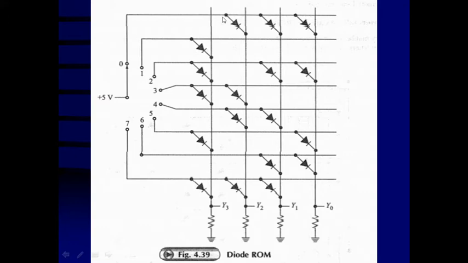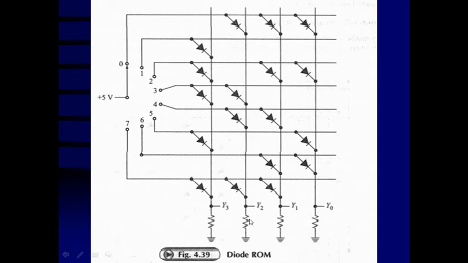But when this is plus 5 volt and this is at ground potential, what happens? This diode becomes forward biased, and because of that, the current is going to pass through it, and this diode will work as a closed switch. The output of Y2 is equal to plus 5 volt minus the voltage drop across the diode, and that is the potential appearing at Y2.